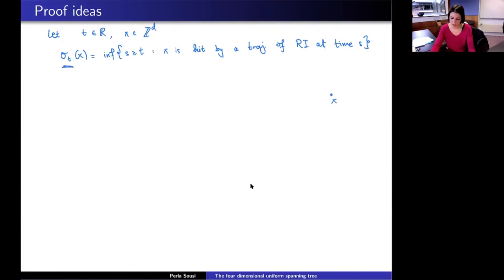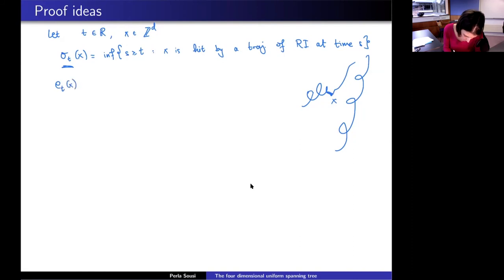So after time t, I look at which trajectories have arrived and hit x. So this one hit x, and this was the edge that was used when we visited x for the first time. I'm going to call this e_t(x). So this is the edge used to enter x at time sigma_t(x). Is it visible? Yeah, so it's this edge here, e_t(x).